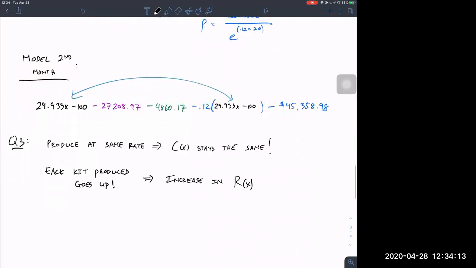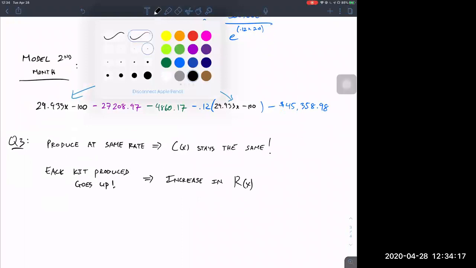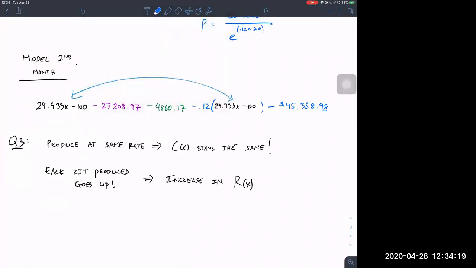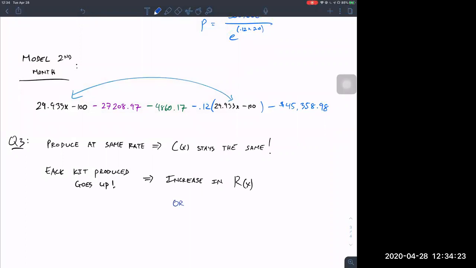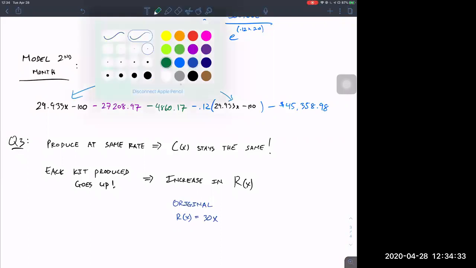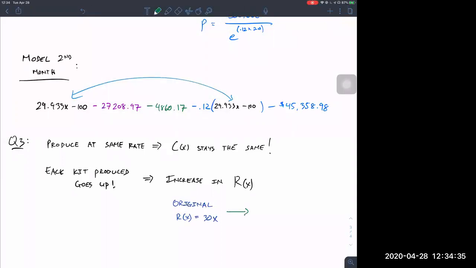More specifically, I told you that it went from the original revenue function, let me use a different color here, original R of X equals 30X. So this means now you go to new R of X equals 40X.